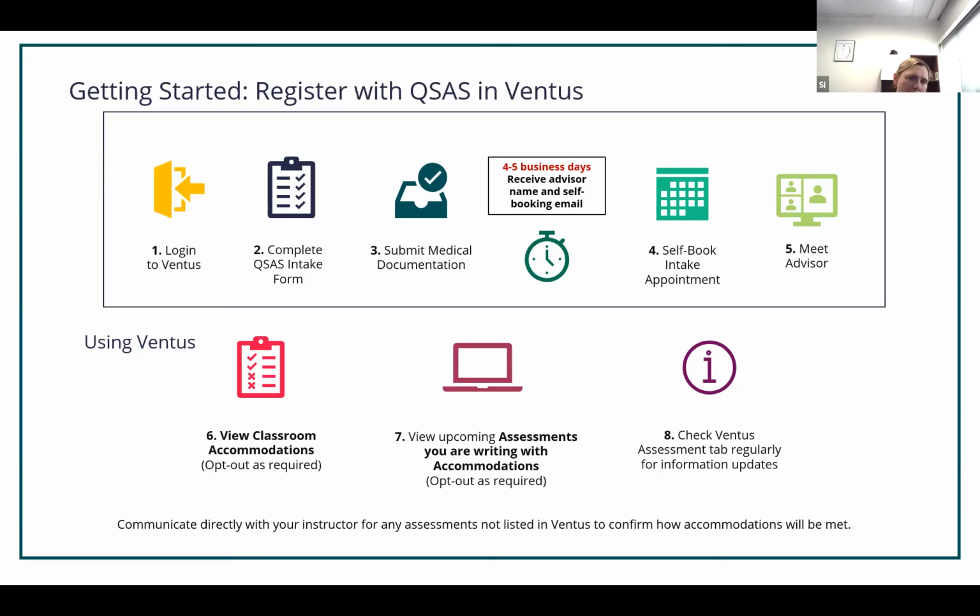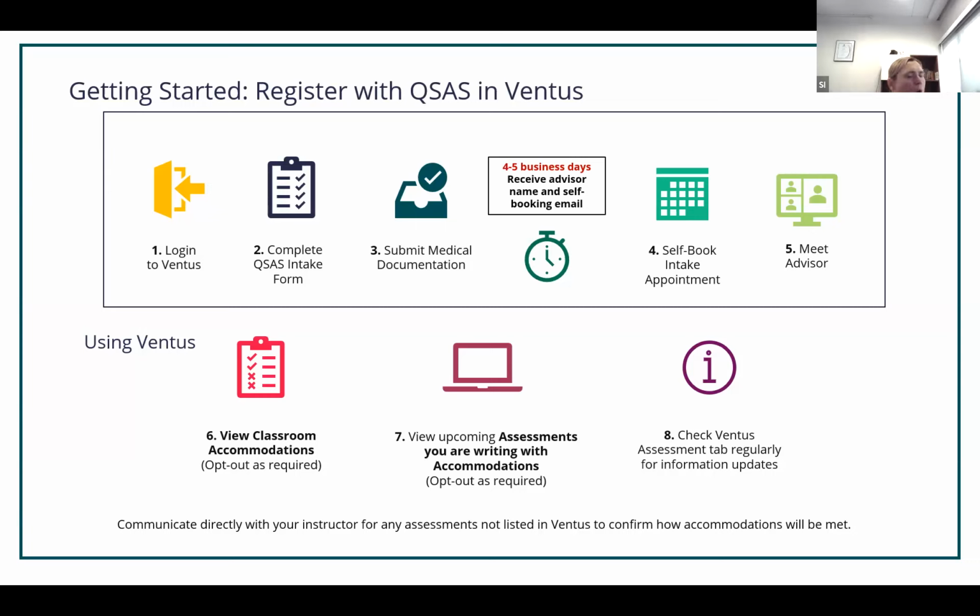Once that is done, they can use Ventus to view all the classroom accommodations that they've been assigned. And also they can look at all the assessments that they are writing with accommodations.